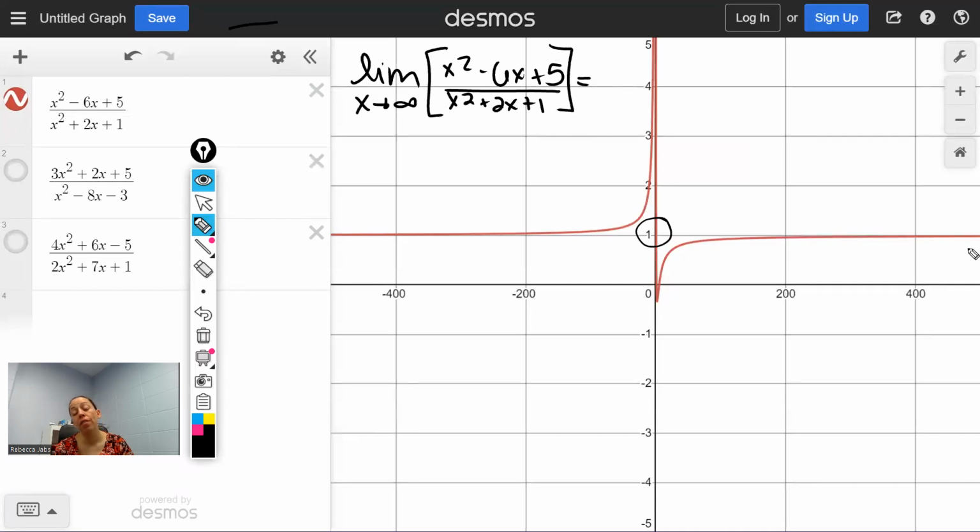As I look at this graph, as it goes forever to the right, it looks like it's stabilizing itself at 1. So the limit would be 1. It doesn't matter if I go to the right or to the left. Both sides, it looks like it's getting close to 1.